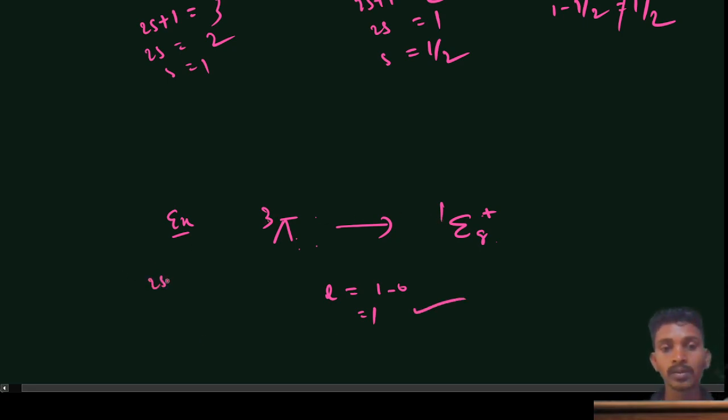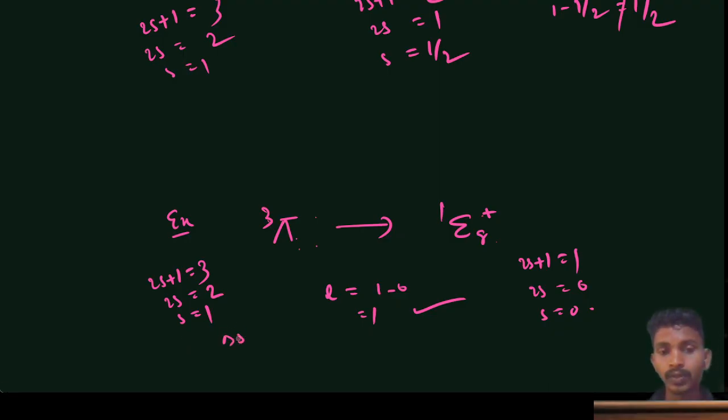Here 2S plus 1 is 3, 2S is equal to 2, and S is equal to 1. Here 2S plus 1 is 1, and 2S is equal to 0, so S is equal to 0. So delta S has to be 0.